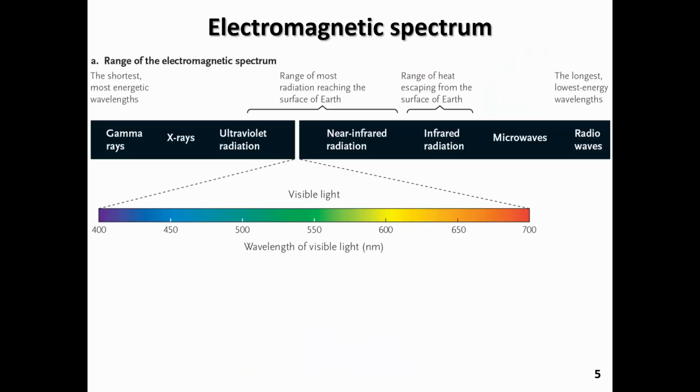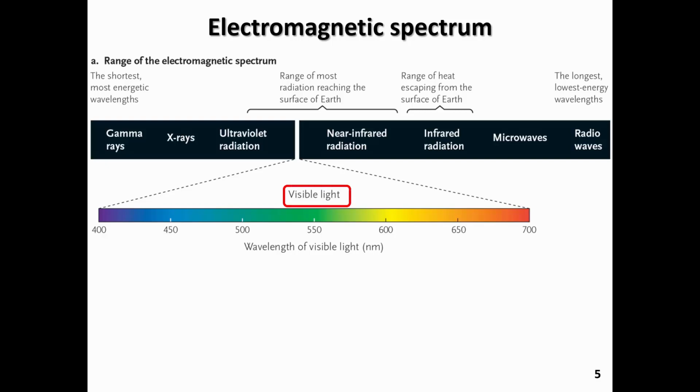Now, the waves coming from the sun do have various lengths and frequencies, and that's captured in what's called the electromagnetic spectrum. And the electromagnetic spectrum is a range of characteristic waves from gamma rays out to radio waves on the right-hand side.